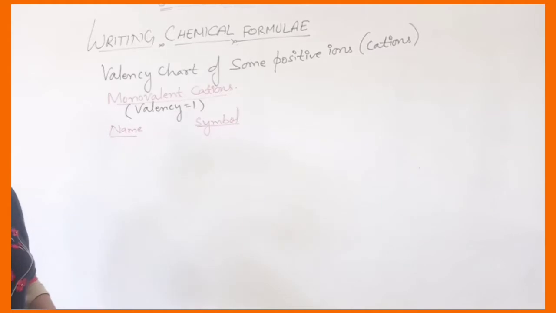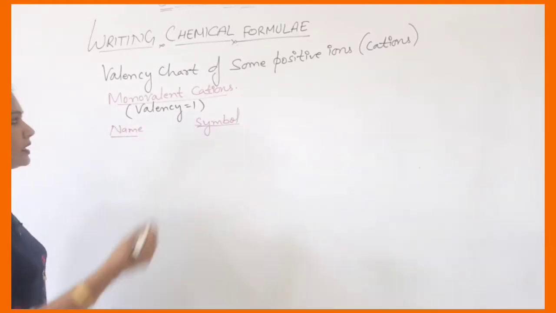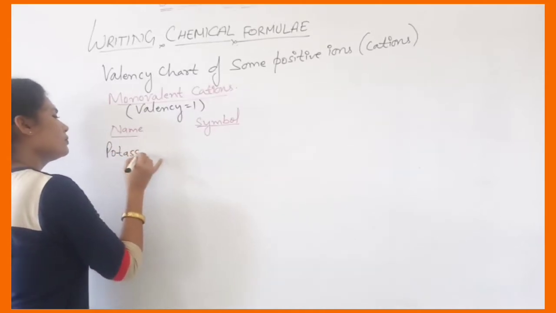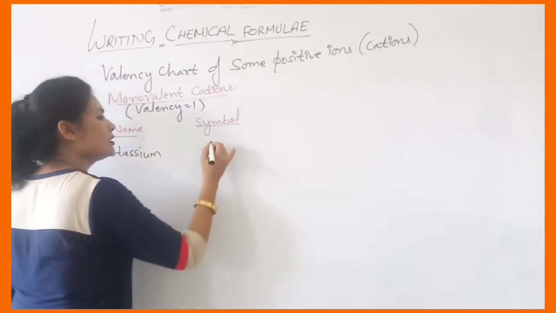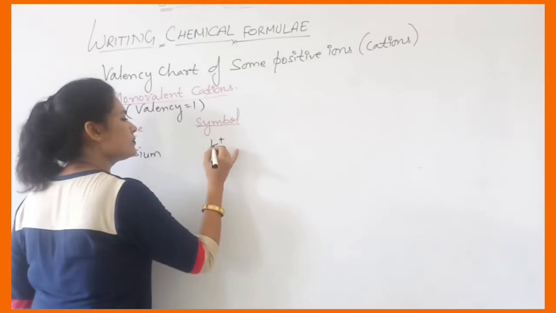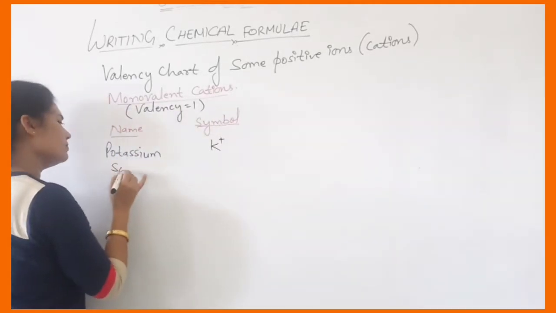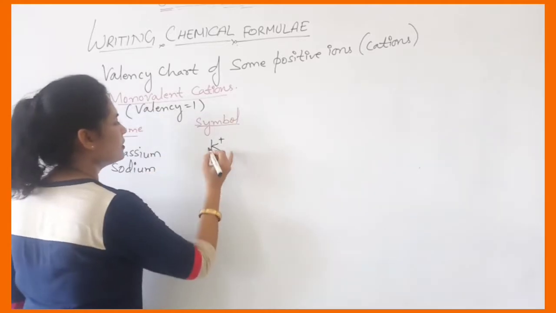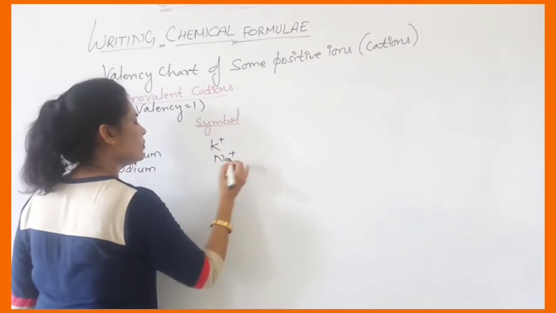So first let us start. First is potassium. Potassium is monovalent and its symbol is K positive. Then sodium, it is also monovalent, its valency is 1, Na positive.